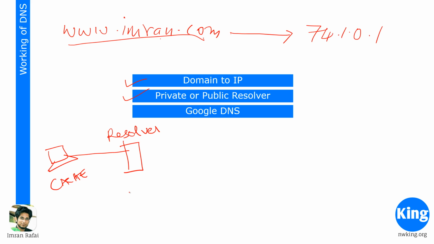So what it does is, the resolver will send a request to something called the root server. Now, there are about 13 root servers in the world, strategically placed around the world in different countries, in different places. So that means it's got an anycast IP address.